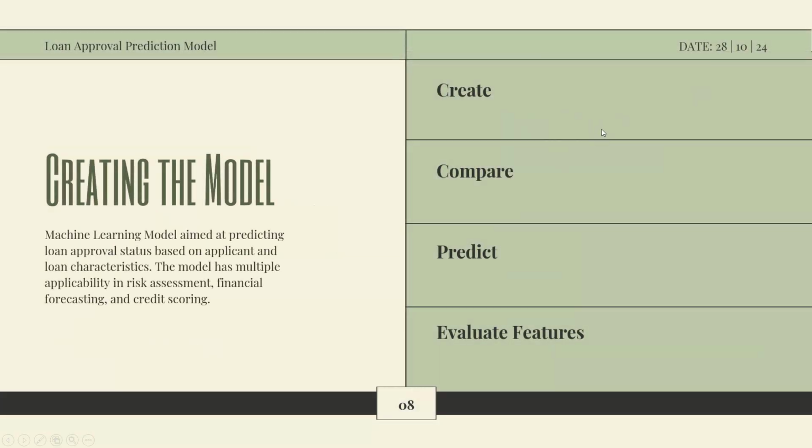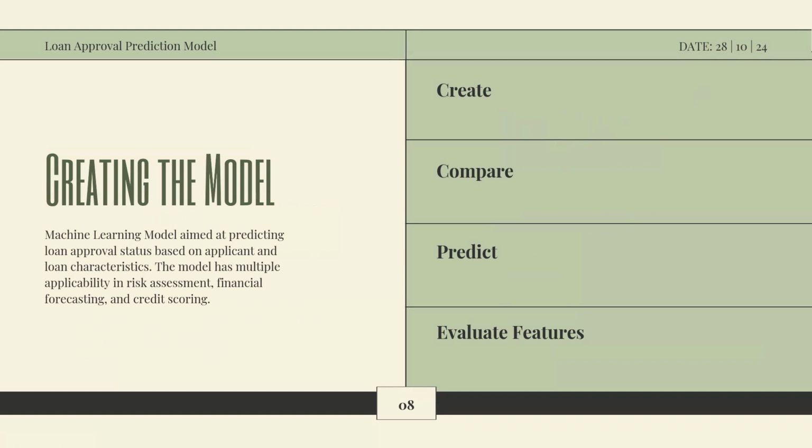And then finally, we will create the model that can predict loan approvals on the basis of a fitted model that we will fit together. Of course, the model will have multiple applicability in risk assessments and financial forecasting and credit scoring.